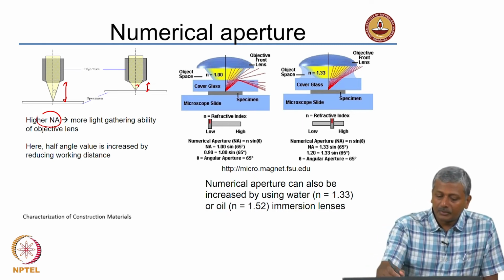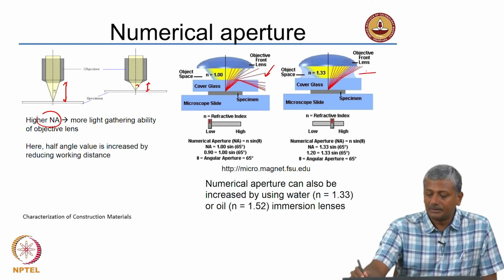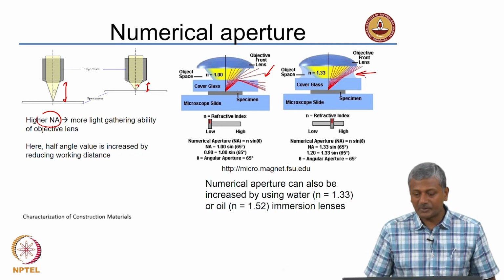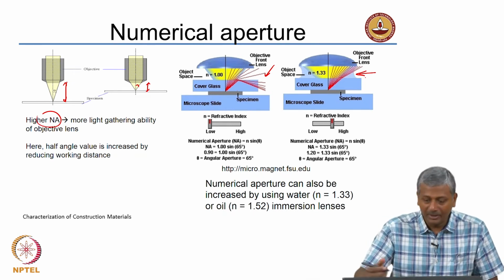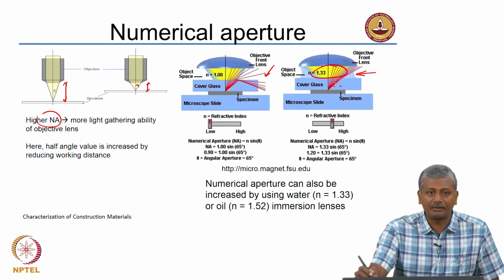Okay. Now, this is what I was talking about in terms of using an air lens or using an oil immersion lens. So, if you have an oil droplet in between your lens and the specimen location, obviously you can't put oil directly on the specimen. So, you have a cover glass with which you cover the specimen, and then you put the droplet of oil between the objective lens and the cover glass.